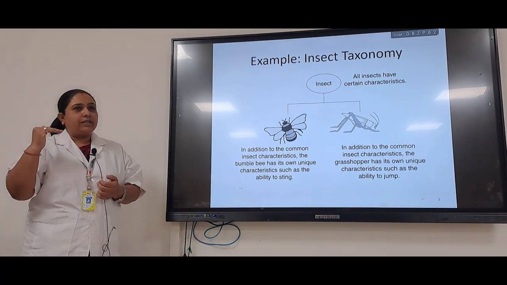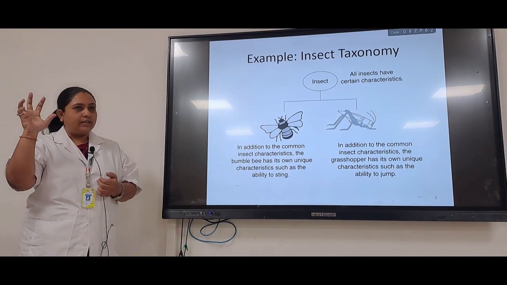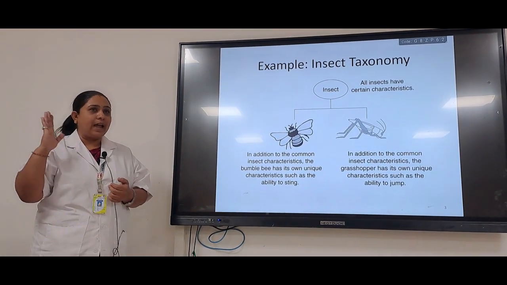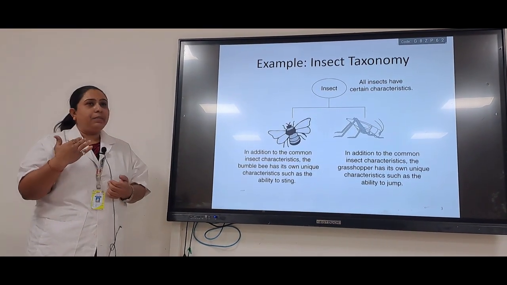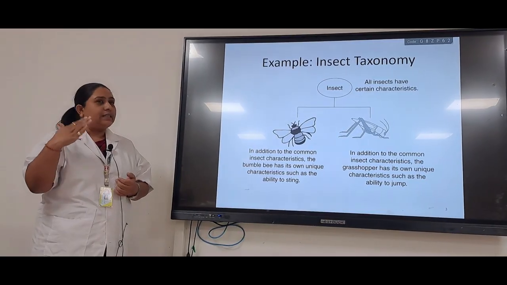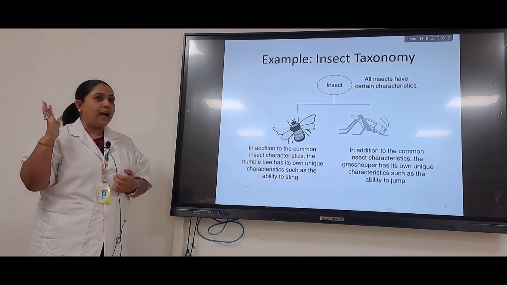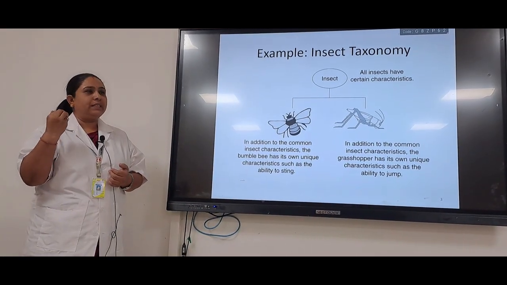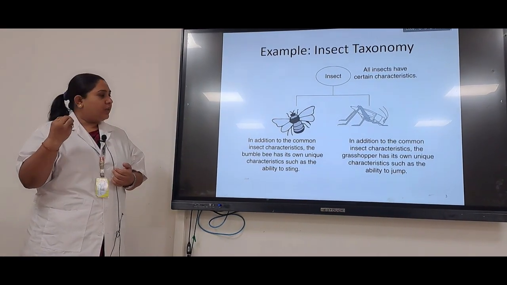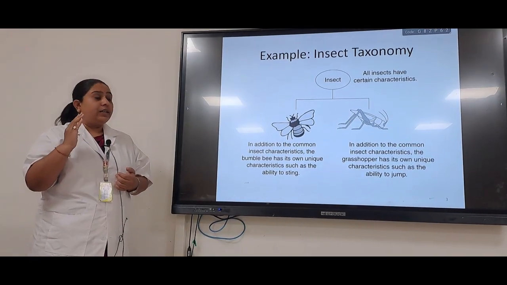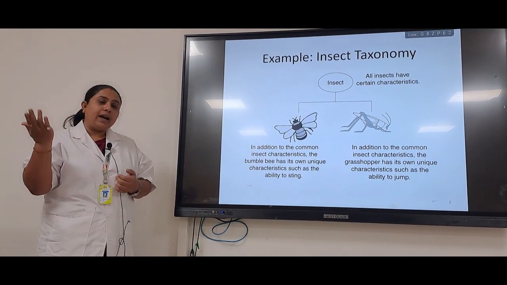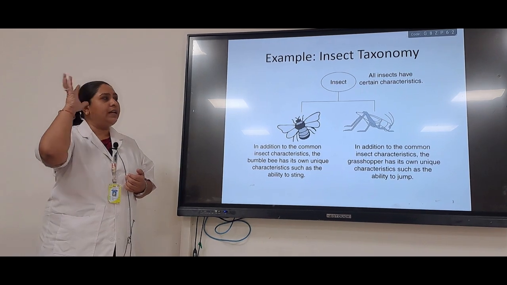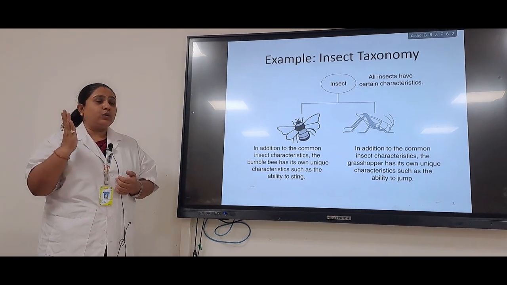Within that insect class, we have different types of insects, like the bumblebee. It has a special characteristic: it makes a singing sound. It may have other characteristics common to insects, but this is its special character.